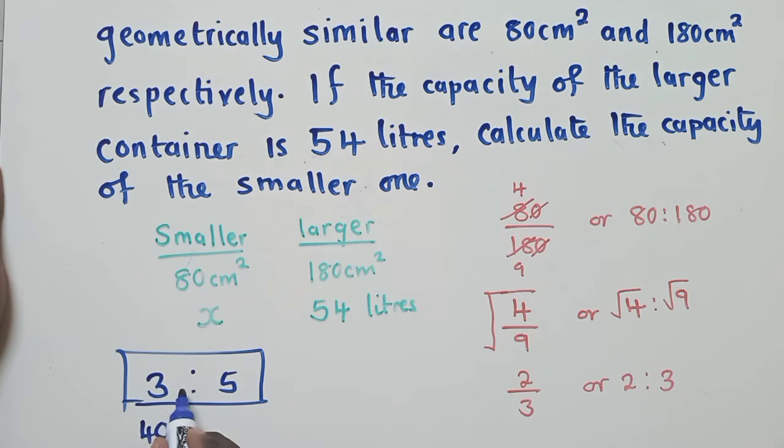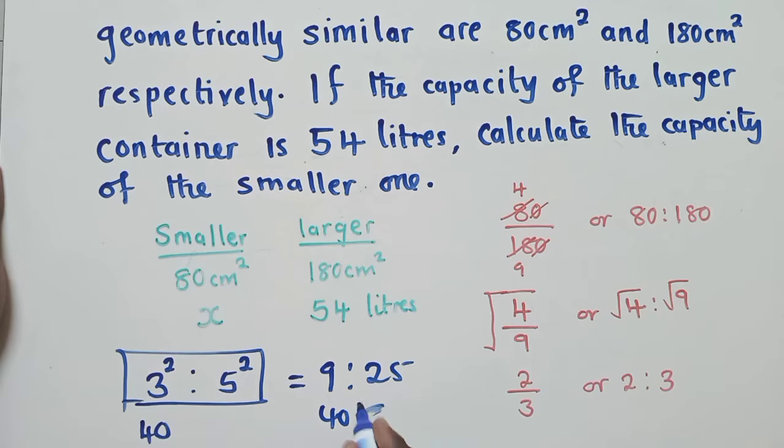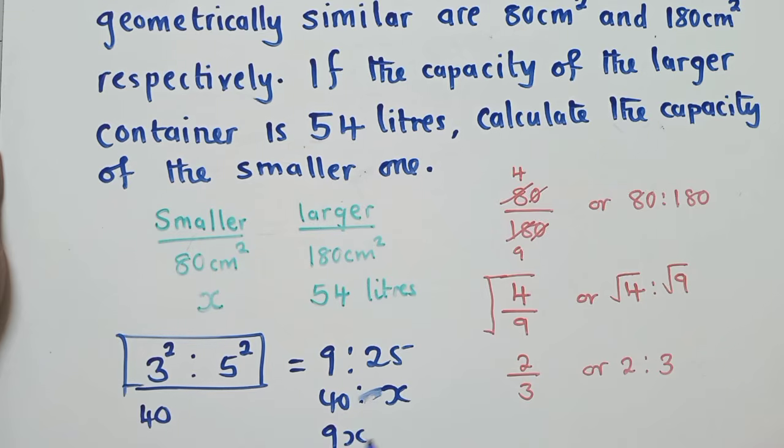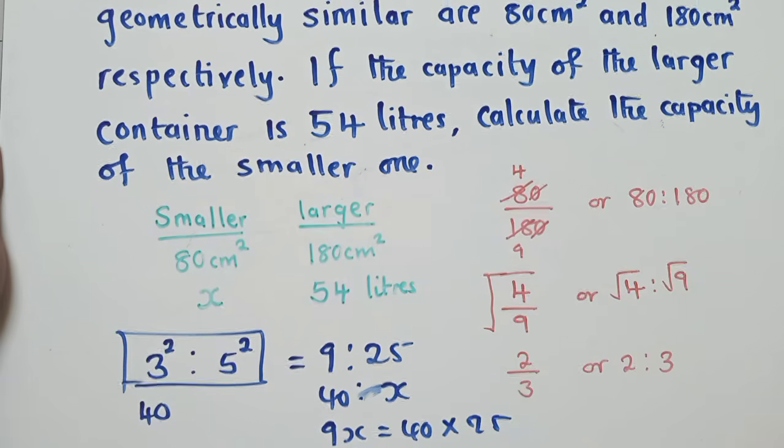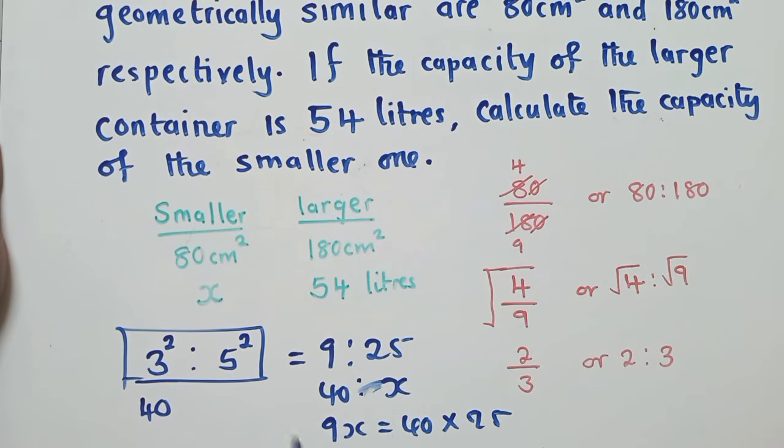Because we want to find the area, we raise each height to power 2, such that this will be 9 to 25. Then you come and say 40, and for what you are looking for you put x, such that you cross multiply and get 9x equal to 40 times 25. I think you remember this step. If it's volume, you put power 3 here and power 3 here.